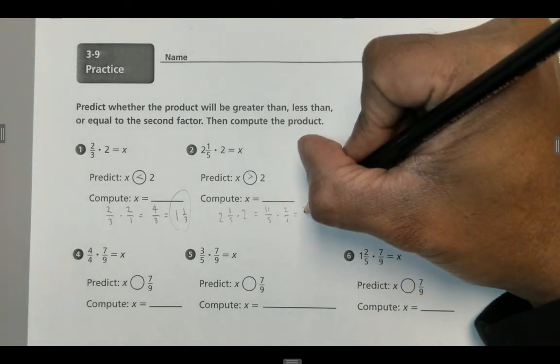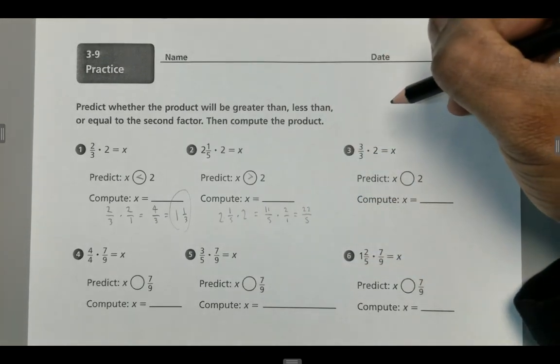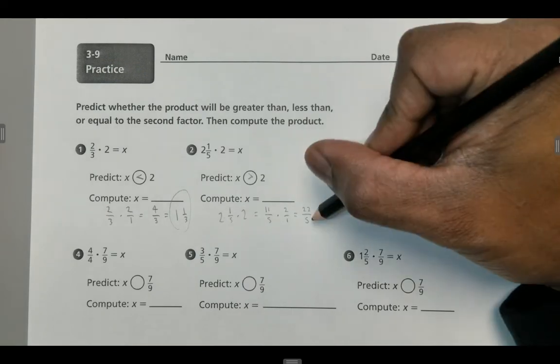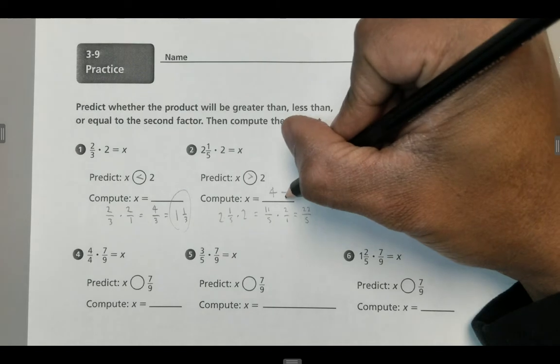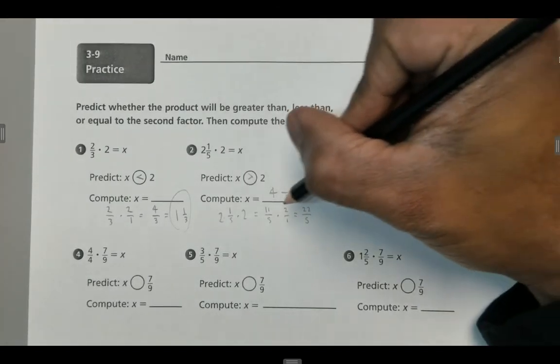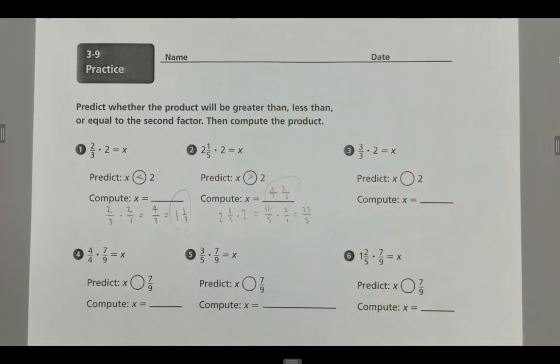Multiply across the top. Multiply across the bottom. And let's convert this into a mixed number. 5 goes into 22 4 times cleanly. Denominator remains 5. Leftover amount, 22 minus 20 is 2. 4 2/5, and that matches our prediction.